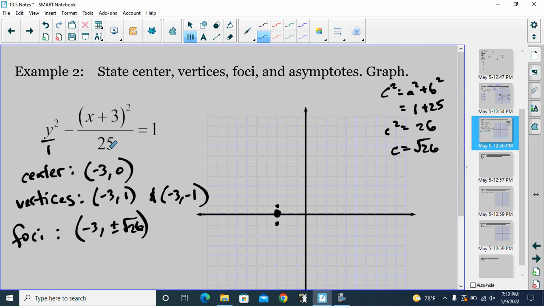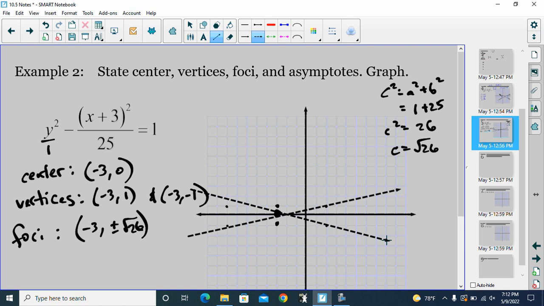To get the asymptotes, square root of 25 is 5 under the x's, so I'm going to go right 5 from each vertex and left 5 from each vertex. And I now have enough that I can sketch in my asymptotes. And that one's bad.